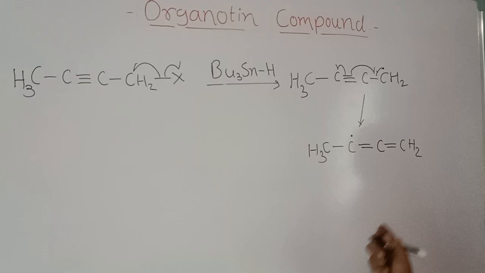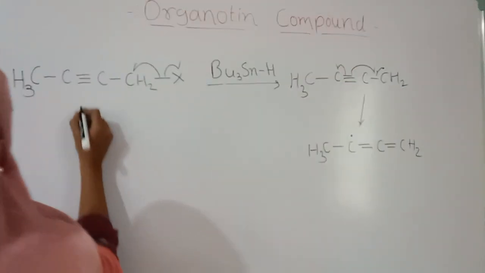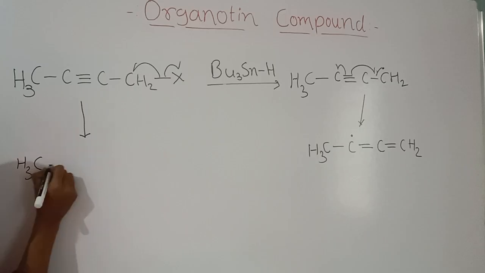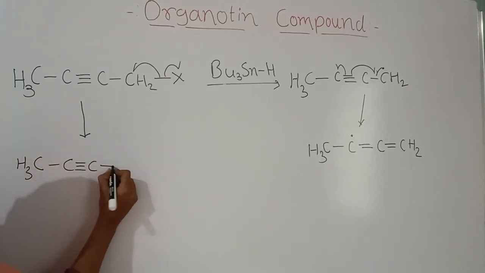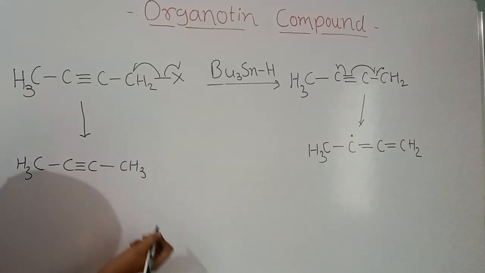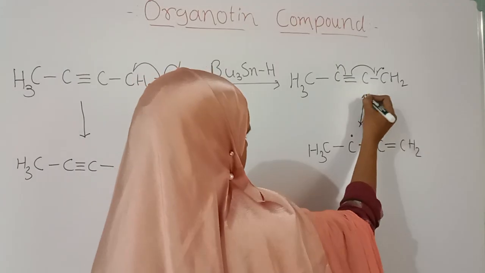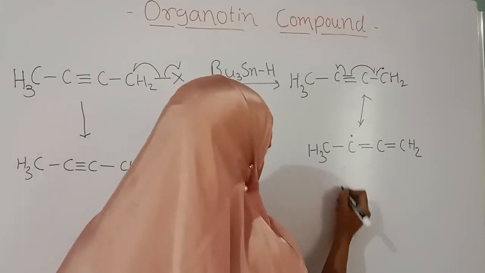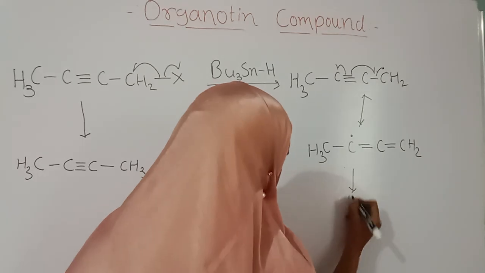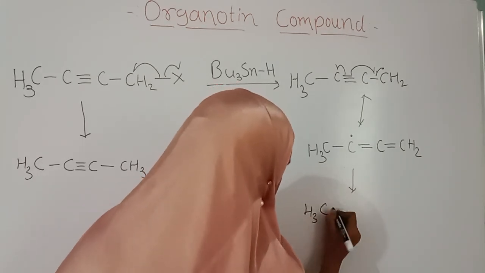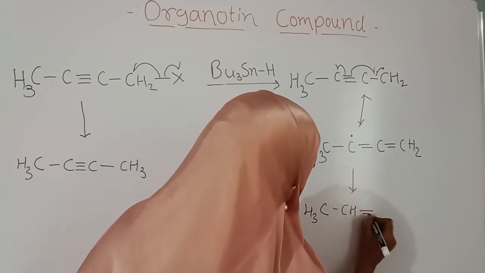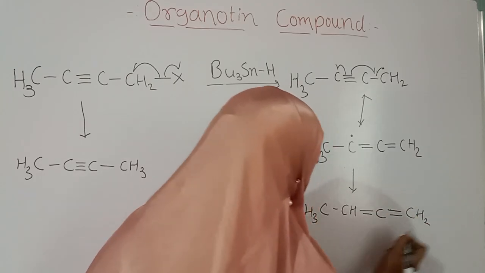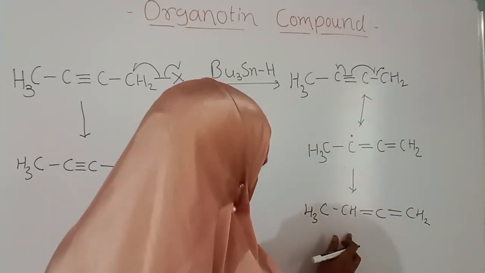And simply here CH3 C triple bond C CH3. After the addition of hydrogen, then we get CH3 CH double bond.